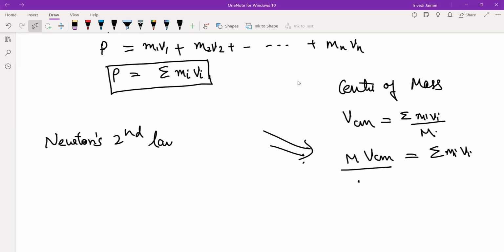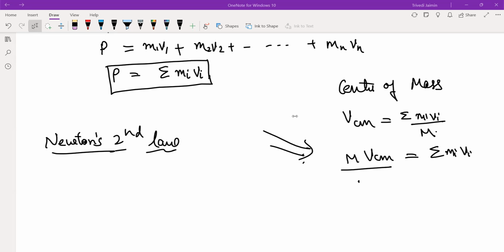Second law. Okay, then let me ask someone. Yes, Devanshika, what is Newton's second law? You remember? No? Okay.